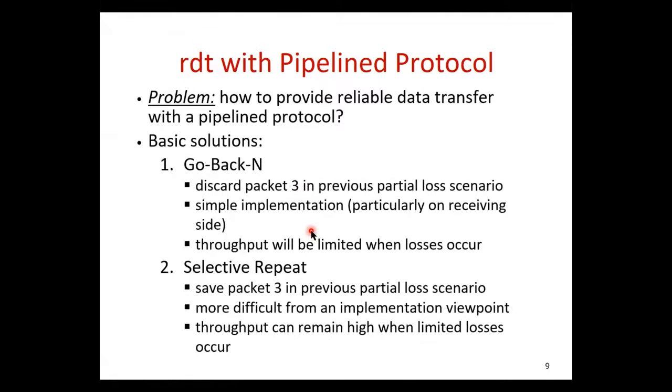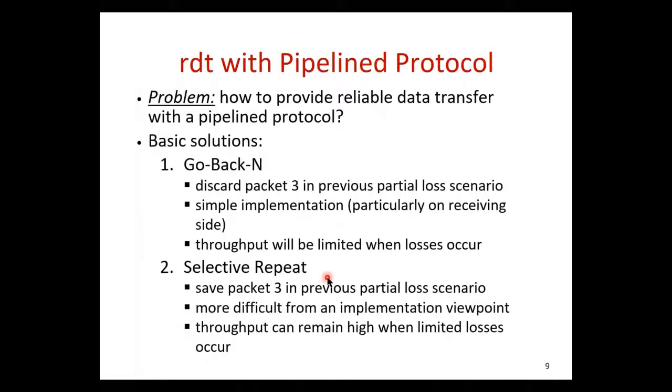So it is a less efficient utilization of resources, right? The first time packet 3 was received correctly, it was not lost, but still the sender will have to retransmit packet 3. So there's a penalty in throughput when there are losses: if we lose packet 2, then we also lose packet 3, even though packet 3 is not actually lost, in the sense that it will have to be retransmitted.